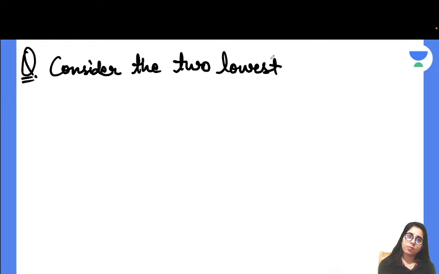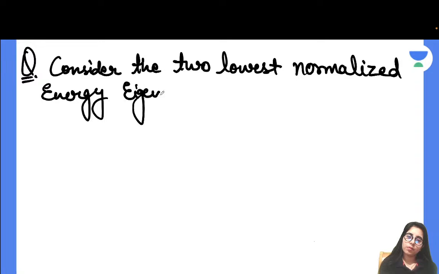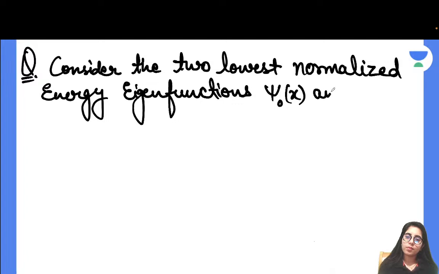Consider the two lowest normalized energy eigenfunctions psi naught x and psi 1 x of a one-dimensional system.